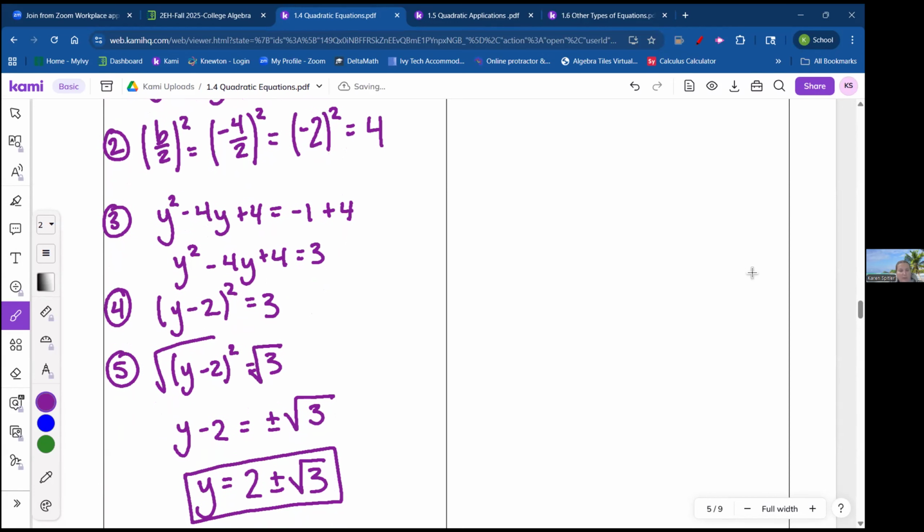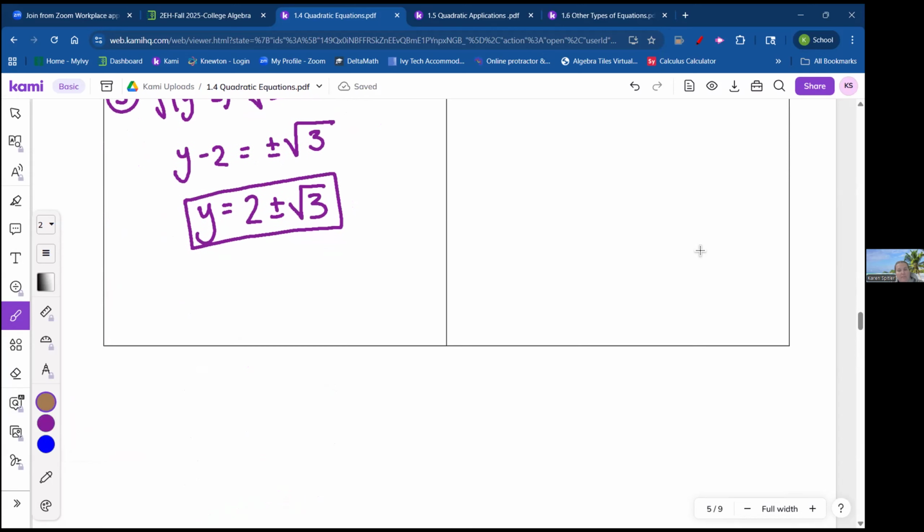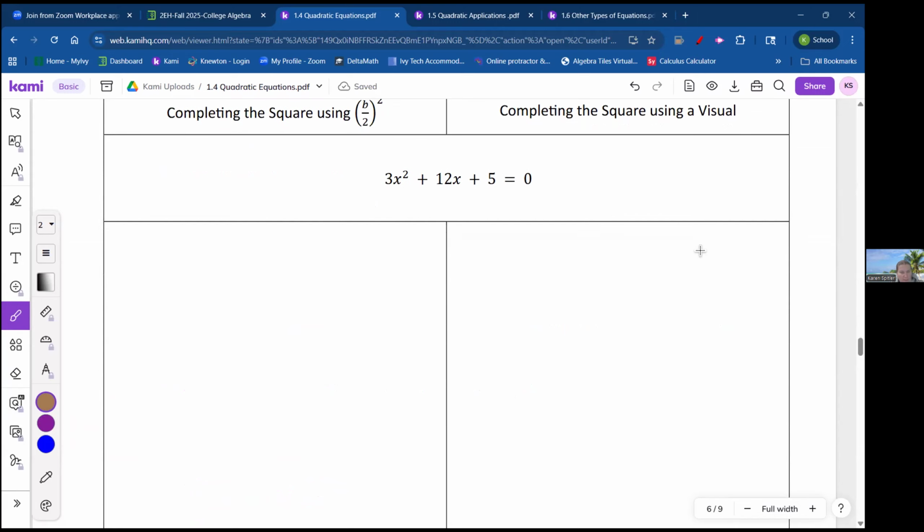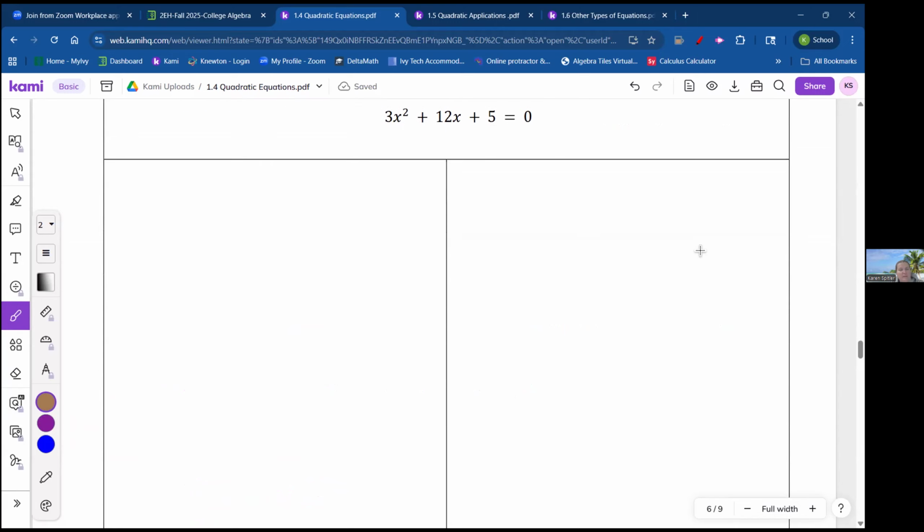Questions on the purple one? All right. If you look at this third one, instead of just being x squared, it's 3x squared. Now, instead of calling this step 1, we're going to call it step 0.